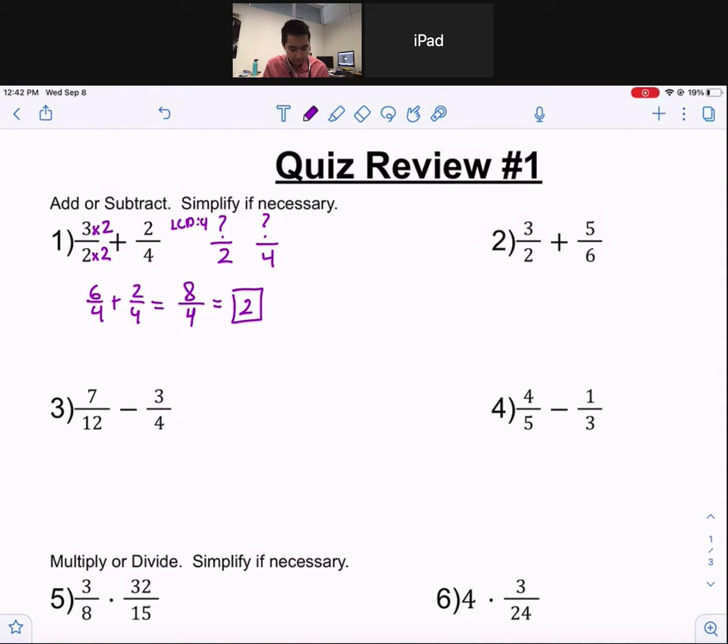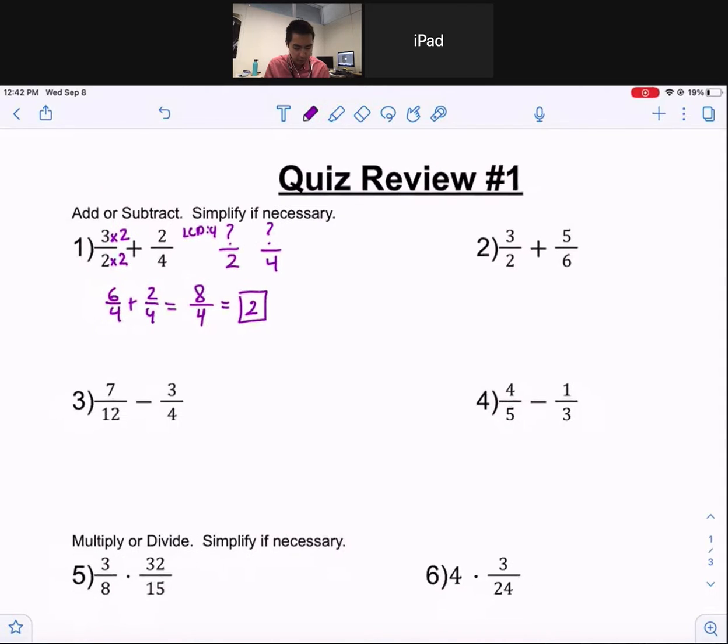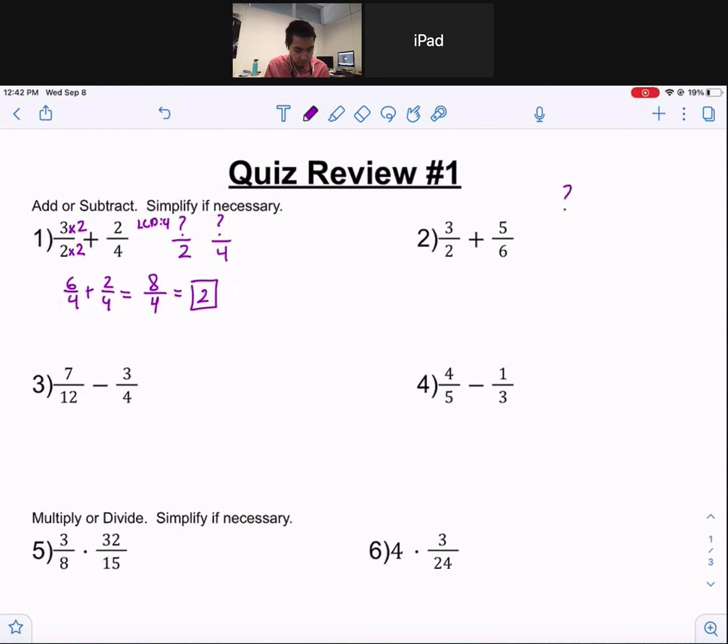Number 2. Well, to find the least common denominator, right, what number can 2 go into and 6? Well, the biggest number that both can go into is 6. That is the least common denominator. So, right, 6 divided by 2 is 3, 6 divided by 6 is 1.